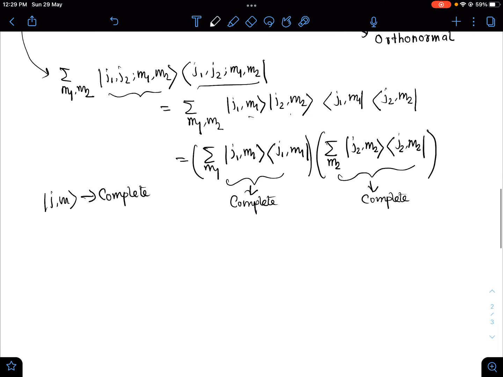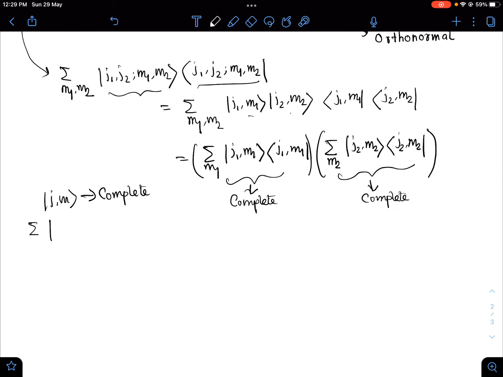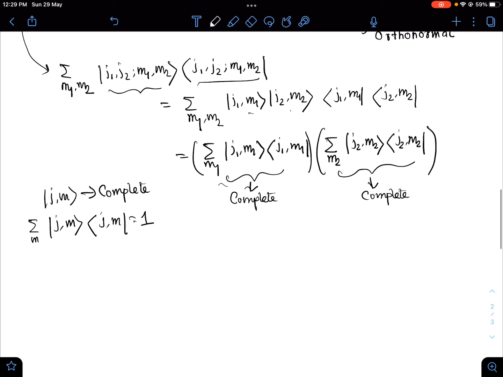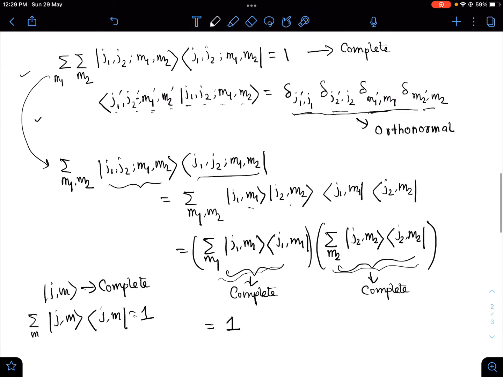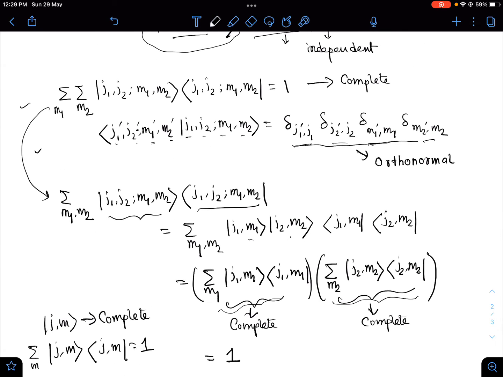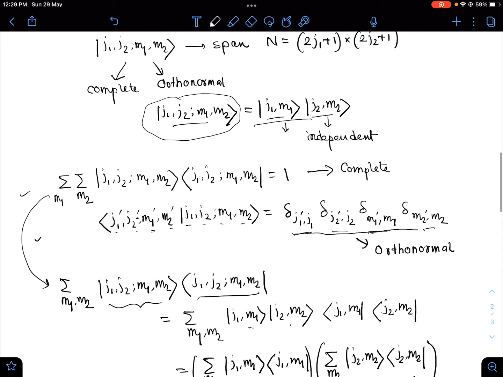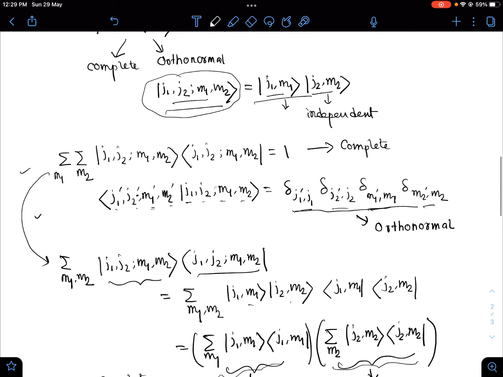So that means the sum over M of |J, M> <J, M| should be 1. This term will give us 1, and the second term will also give us 1. So we have 1. So we can see that these eigenstates |J1, J2, M1, M2> are complete.